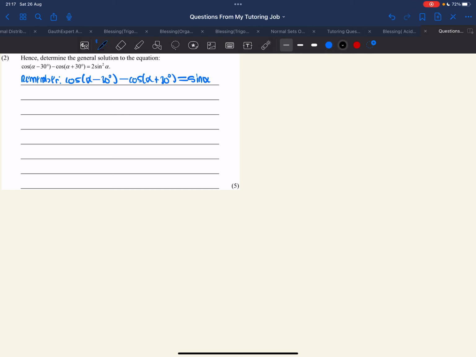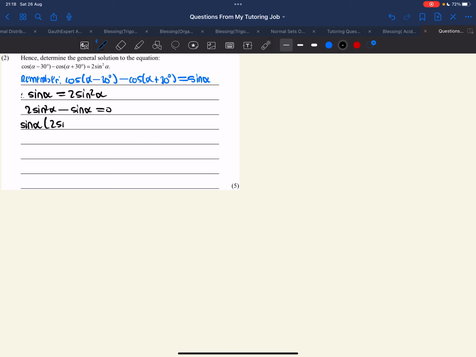So if that is equal to sine alpha, therefore we're going to say that sine alpha equals 2 sine squared alpha. Now we can take the sine alpha to the other side, which is going to give us 2 sine squared alpha minus sine alpha equals 0. Now we're going to take out sine alpha as the common factor.